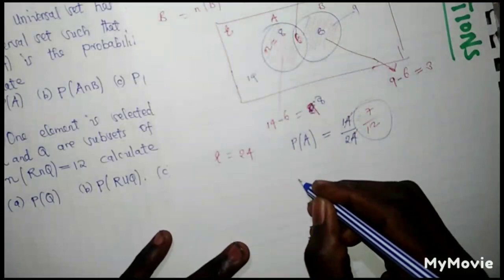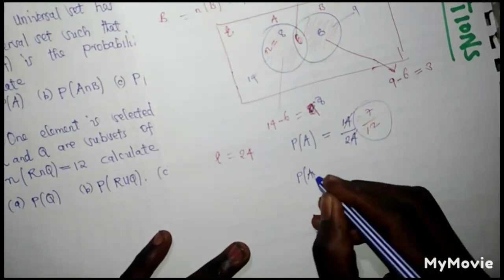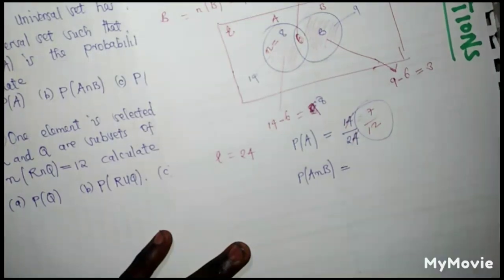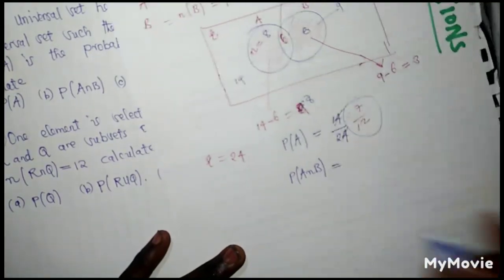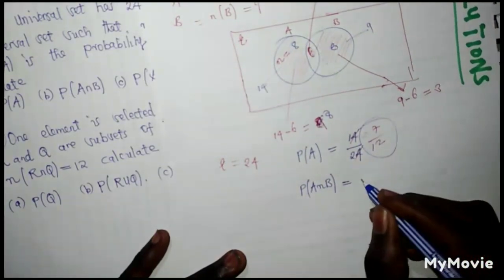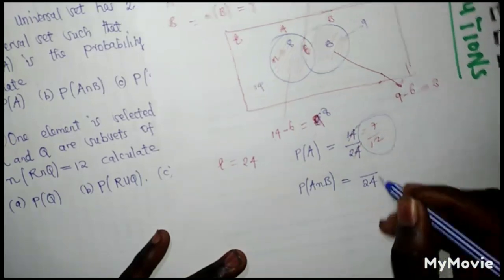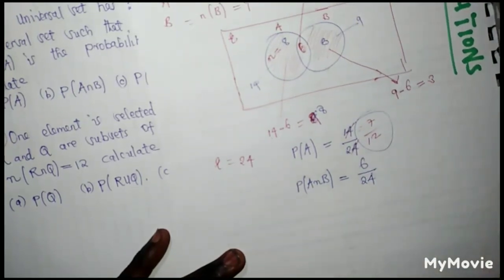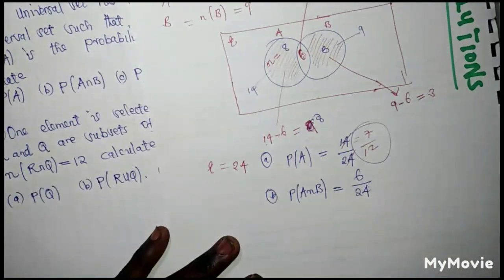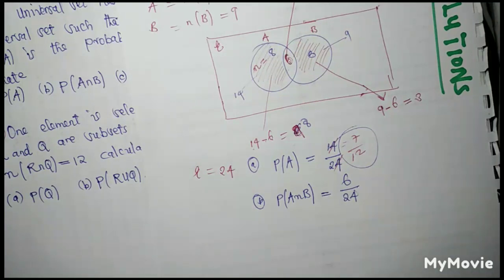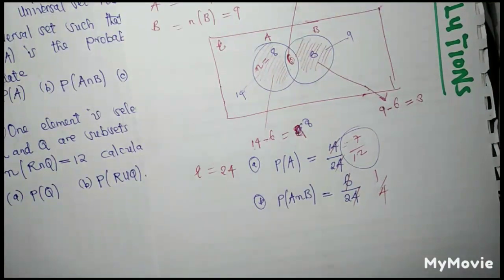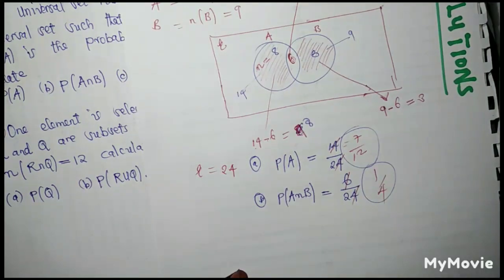And then we come to the next, the probability that it's within the intersection of A and B. The probability that it's within this intersection will be out of 24 outcomes, we have only 6 chances that what we pick is within the intersection of A and B. So if we say 6, 1, 6, 4, so this is a fraction for the second one.